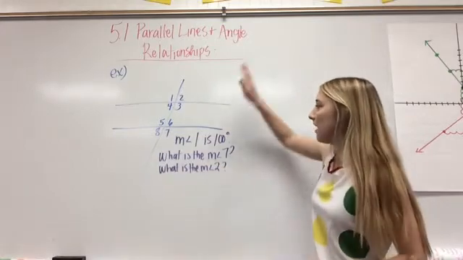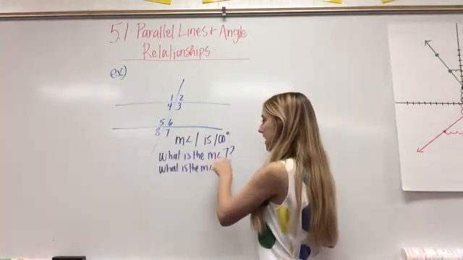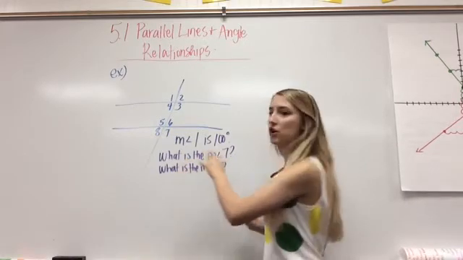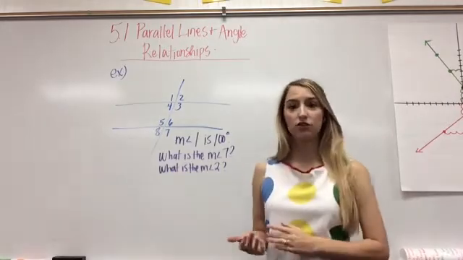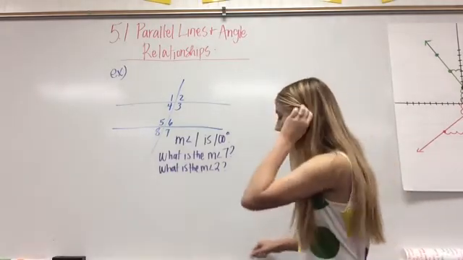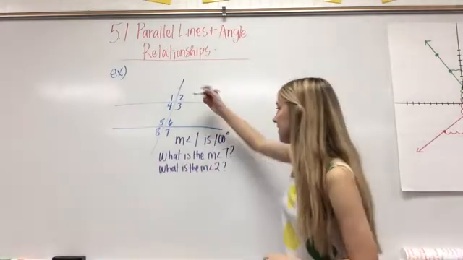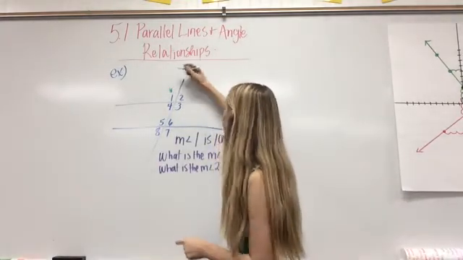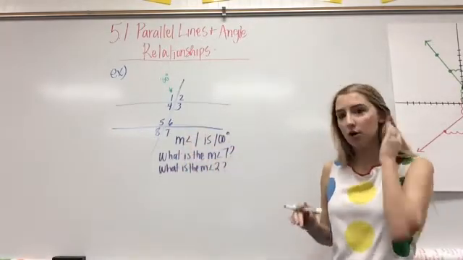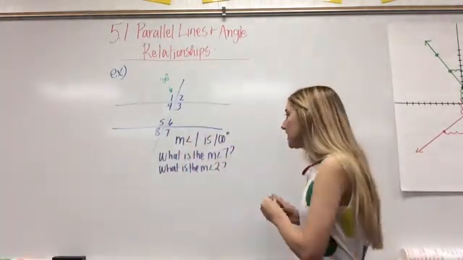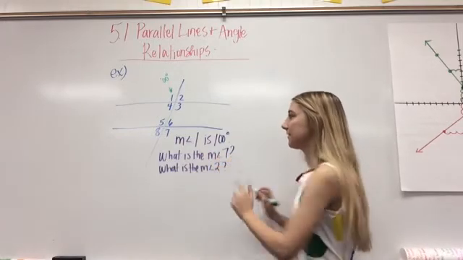So, I am wondering what the angle measure of 7 is, and what the measure of angle 2 is. So, I have this diagram, and I am given that the measure of angle 1 is 100 degrees. So, using what we know, I need to find out the angle measure of 7.